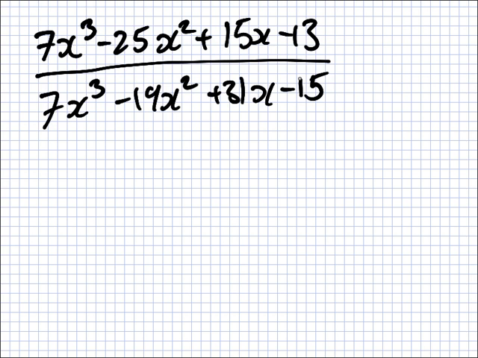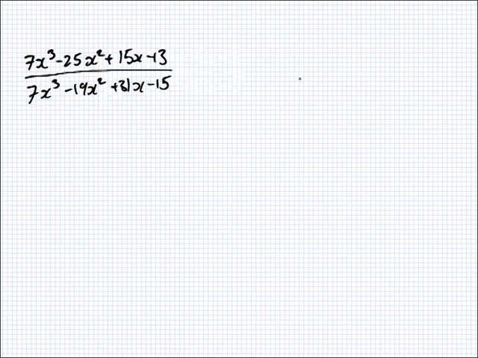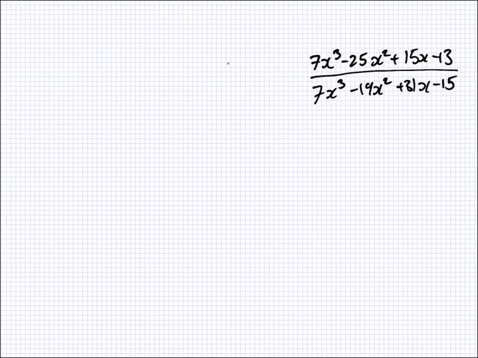Same deal as before, except the long division will be quite interesting here because we're dividing a cubic by a cubic. So let's just take that on the side there.